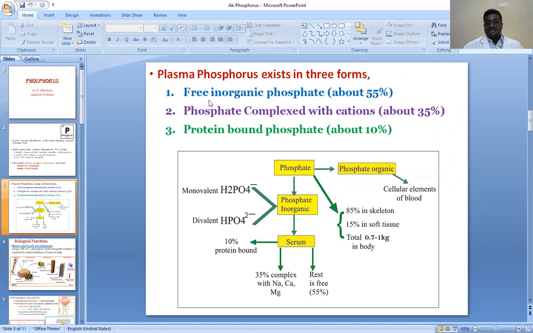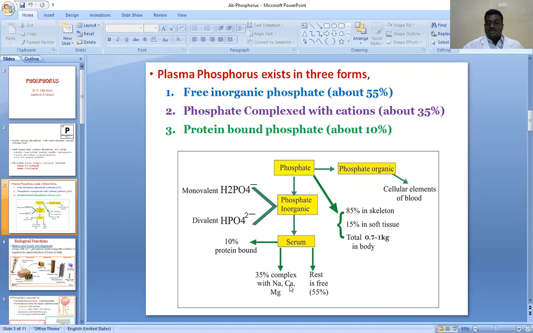Most of the serum contains 3 forms. What are those? 55% is present as free form, not binding with any other substances. About 35% is present as a complex with cations. Phosphate contains negatively charged ions, so it is complexed with the positive cations.